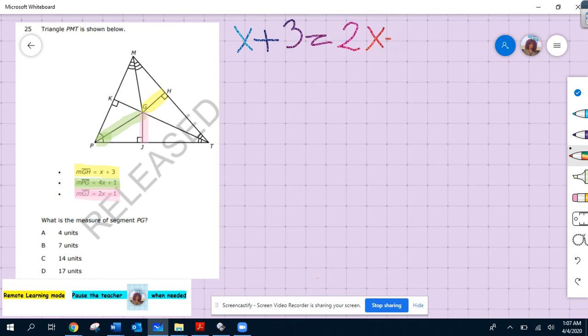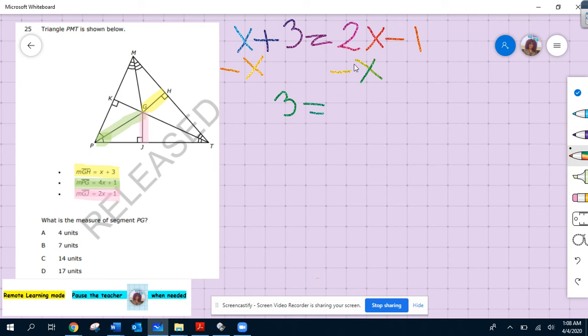How do we solve an equation? Just follow the pattern. Isolate x. So in order to isolate x, you can subtract x from both sides. You cancel out the x, so 3 remains, equals 2x minus 1x.